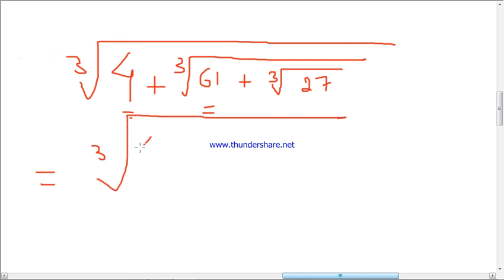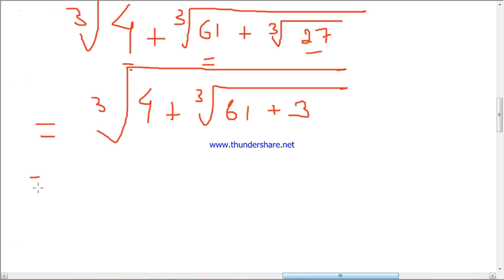Cube root of 4 plus cube root of 61 plus, now over here, what is the cube root of 27? By the table you already know it's actually 3. Now let's see over here, what will you get?